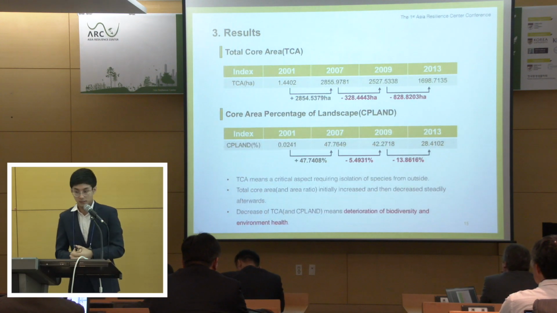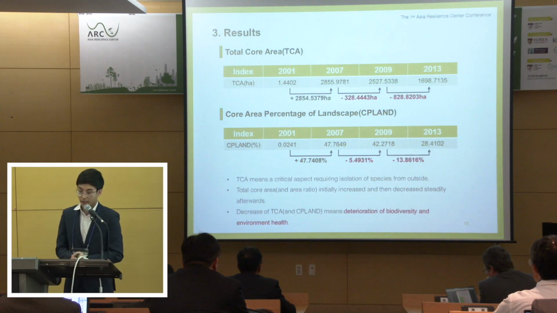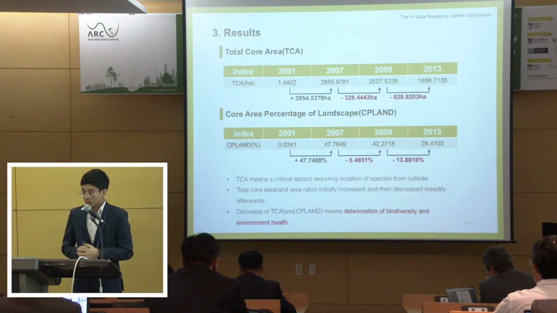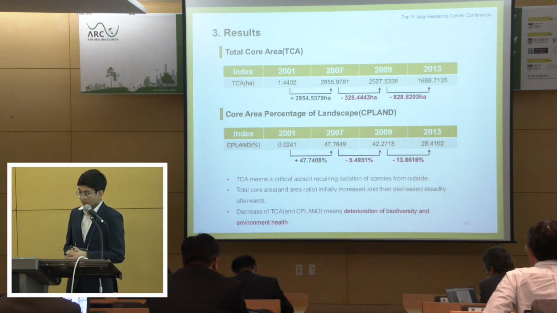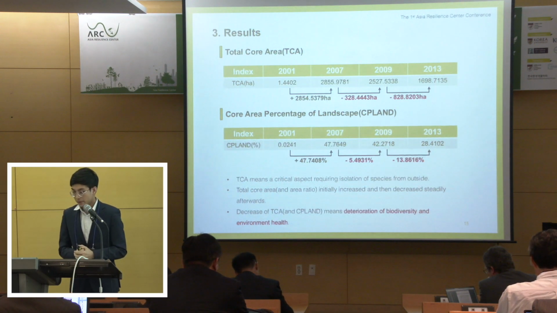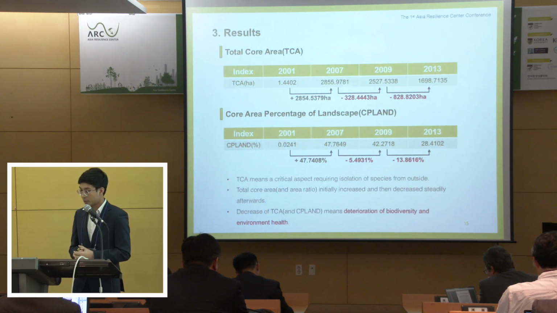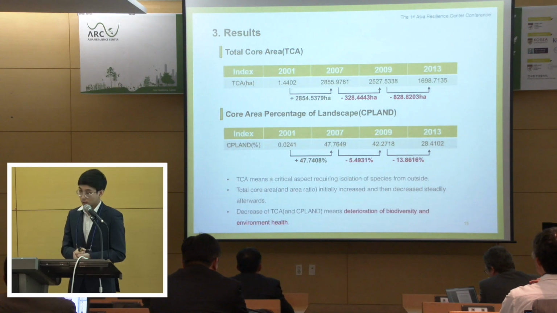Next two indices are similar: total core area and total core area's percent ratio. Total core area means a critical aspect requiring isolation of species from outside. Total core area and area ratio initially increased from 2001 to 2007.